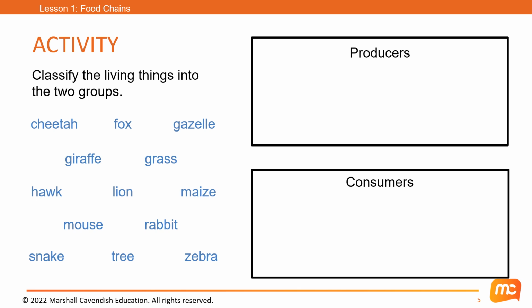Meanwhile, consumers are living things that get energy by eating other living things, or we say that they eat meat. Now, let's classify these living things by putting their names into the correct boxes.